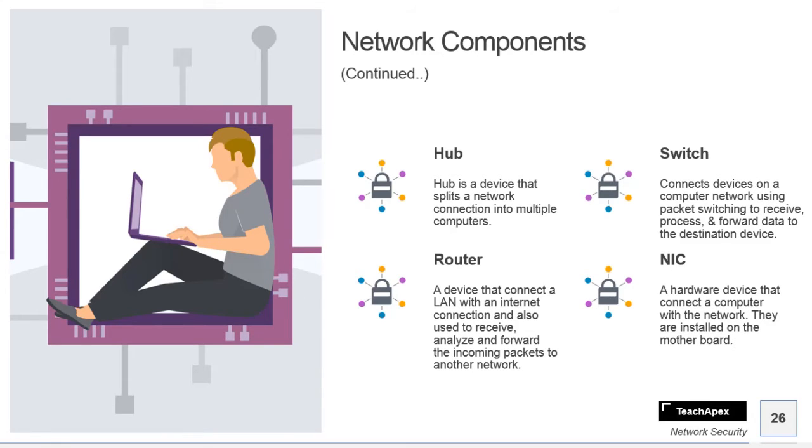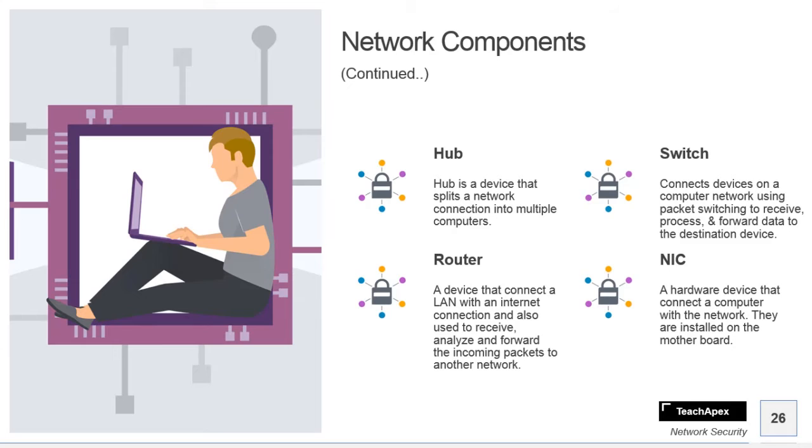At a particular time, it will forward a simple connection at one end. In a switch we have one receiver and one sender, and in a hub we have one sender and multiple receivers.